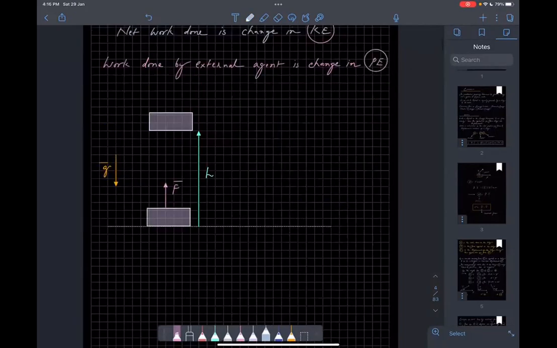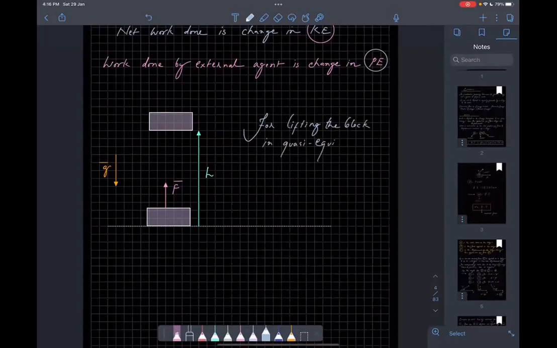So, for lifting the block in quasi-equilibrium, quasi means almost, because if it is strictly in equilibrium, it will not move at all. It will remain at rest.